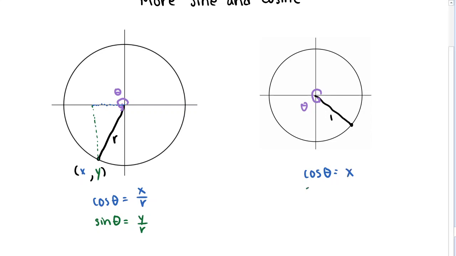And on the unit circle, sine of theta is that ratio y divided by r, where r is 1 in this case, so sine of theta is just y. And really the takeaway from this is that on the unit circle, the x-coordinate is the same thing as cosine of theta, and the y-coordinate is just the same thing as sine of theta. So the points on the unit circle really describe cosine of theta and sine of theta.